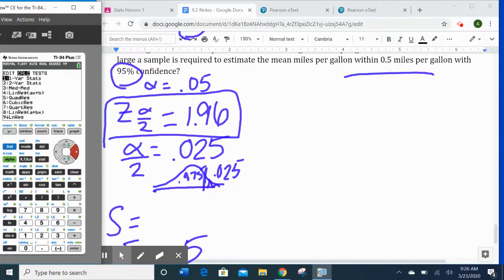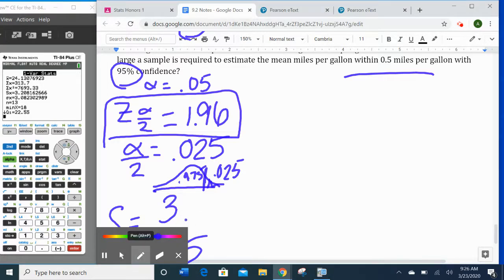Or if I calculate one variable stats, it'll also give me the sample standard deviation. The sample standard deviation, S, is 3.21, whichever way I go.